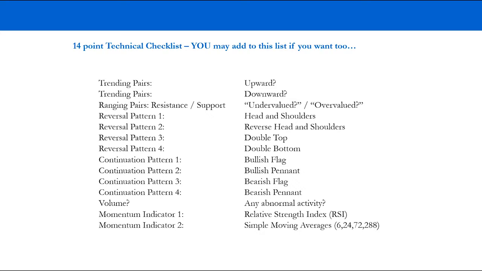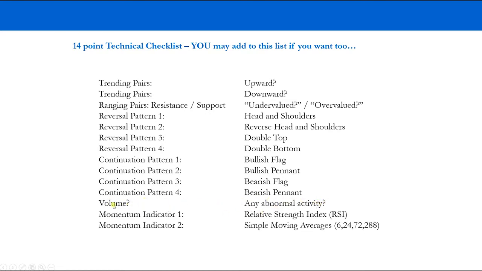So first of all, we're going to be looking at trending pairs, so whether we have an upward or downward trend. We're going to be looking at ranging pairs, so undervalued or overvalued currency pairs. We'll be looking at reversals, continuations. We'll be looking at volume. However, volume we've actually already covered in the commitment of traders reports, so we won't cover it here.